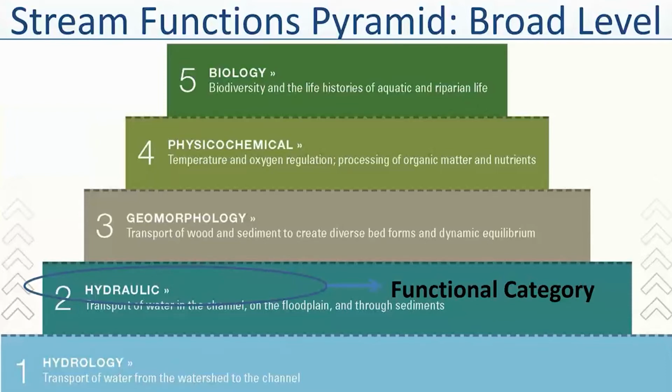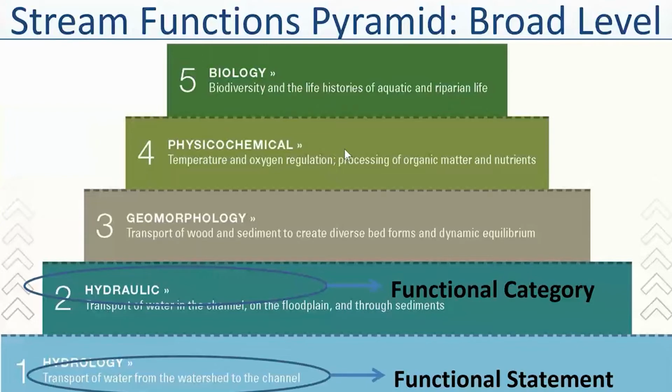With each functional category, there is a functional statement. The functional statement for hydrology is the transport of water from the watershed to the channel. And then once that water gets to the channel, we have the hydraulic functions. That is the transport of water in the channel, on the floodplain, and through sediments.